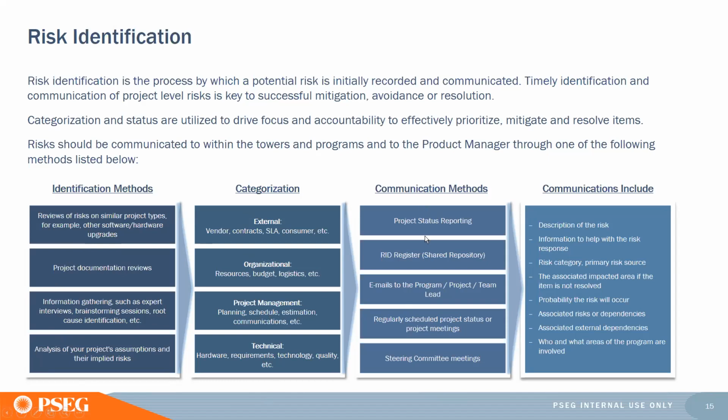Your communication method here identifies just exactly that, how you will communicate the type of risk based on its category. And then here is what your communications will include. And we'll look at this in future slides. That'll make it a little more applicable to how you would work with it in real life.